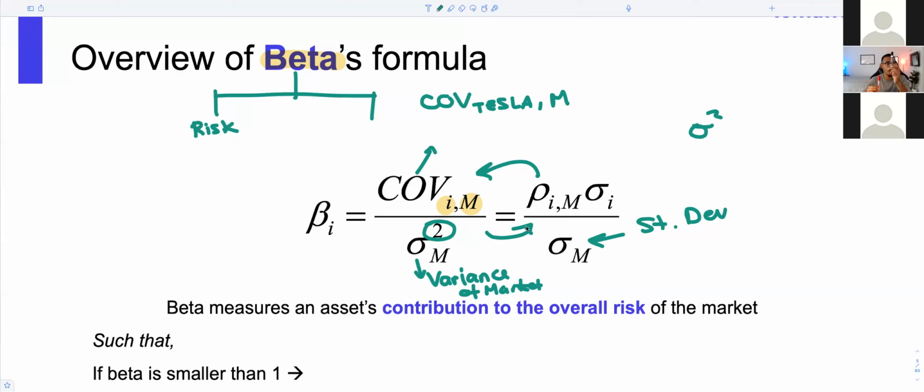That's what the covariance tries to track. So in this example, we're looking at the covariance of Tesla with the market portfolio, how they are moving together. That's what we're trying to assess. That's what beta does. It looks at the covariance of the stock with the market portfolio over the variance of the market portfolio.